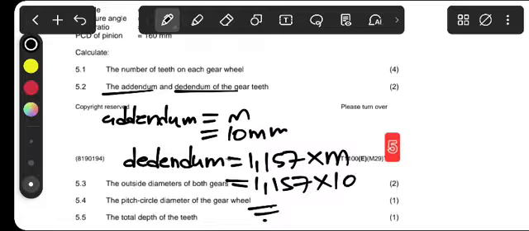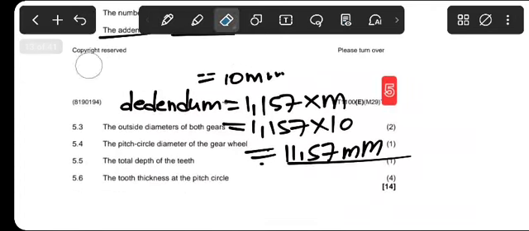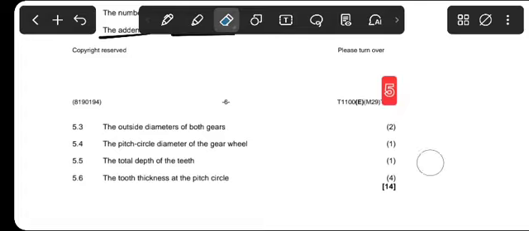This will give us 11.57 millimeter. So you see, this is a repetition, guys.